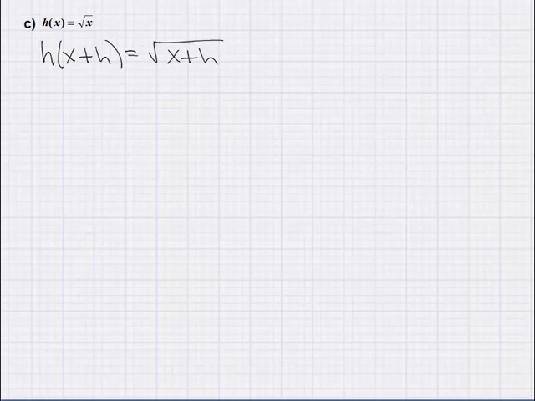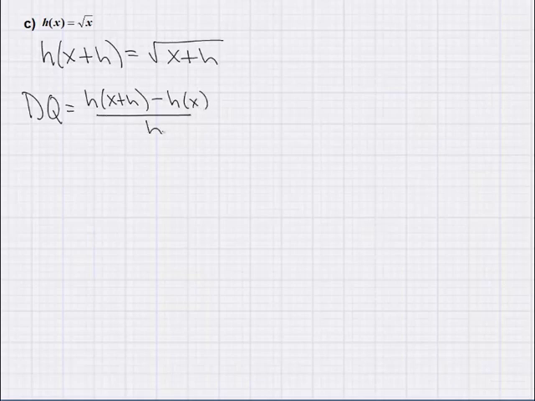Well, alright, so what do we want to do? We want to find the difference quotient. The difference quotient should be h of x plus h minus h of x all over h. Now, this is not the best, but this h is not the same as this h.